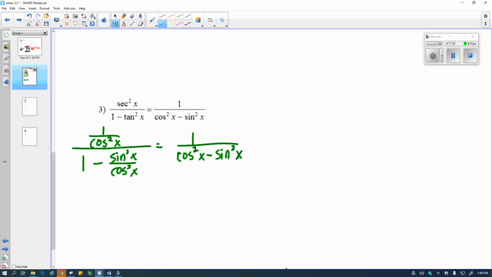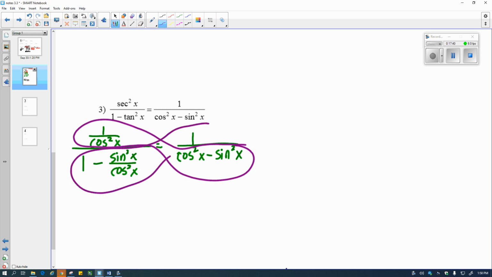So I'm going to multiply the numerator of one by the denominator of the other and do the same thing on the other side. So this is cosine squared x minus sine squared x over 1. I'm going to multiply the numerators, cosine squared x minus sine squared x, and then I'll multiply the denominators over cosine squared.